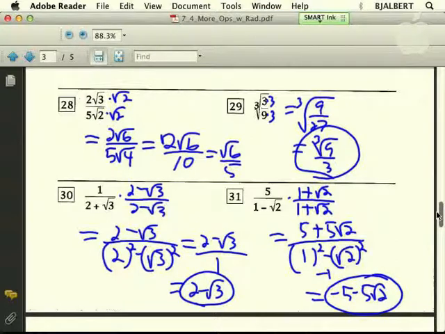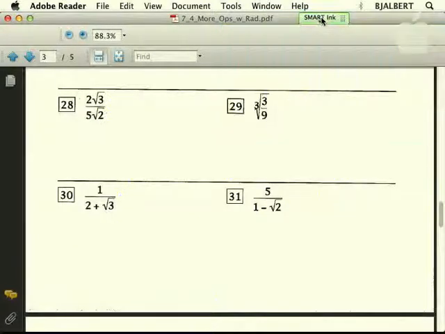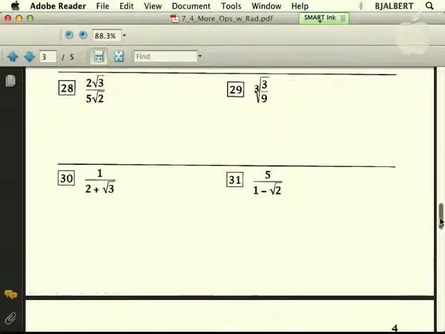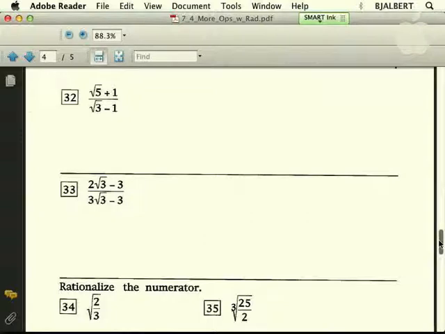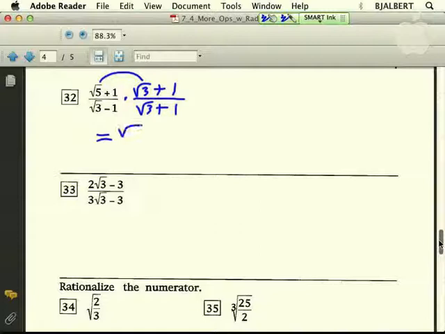2 more in this section. Number 32. Multiply the top and the bottom here by the square root of 3 plus 1. Let's see, in the top we'll have the square root of 15 plus the square root of 5 plus the square root of 3 plus 1.